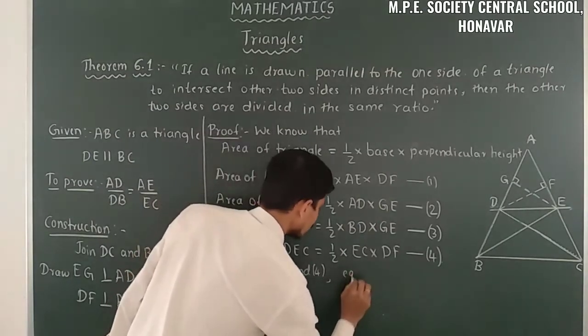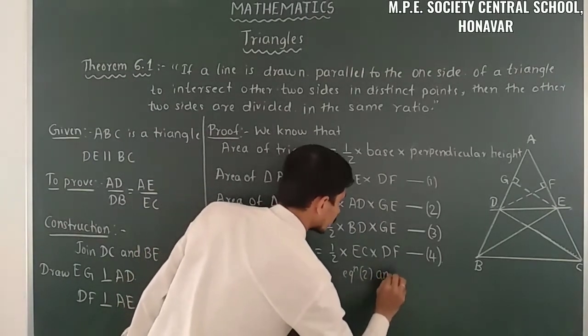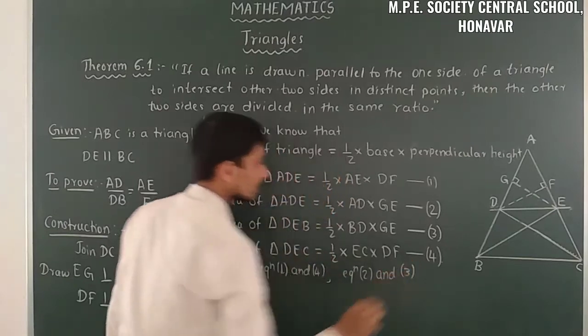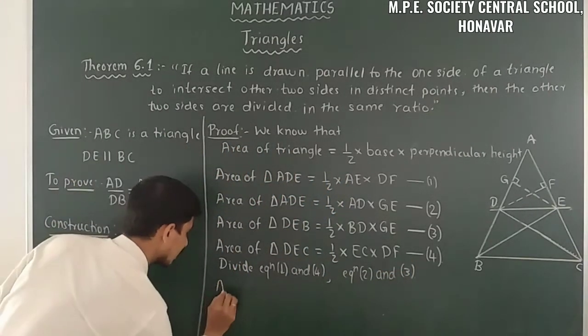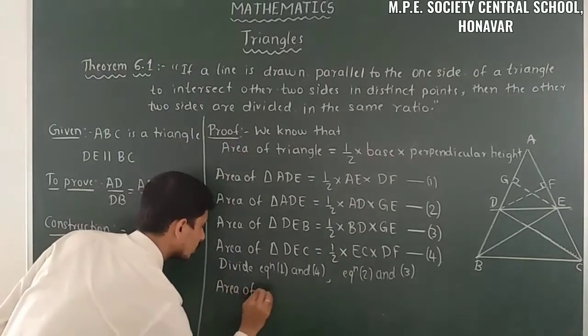Firstly I will take area of triangle ADE by area of triangle DEC.